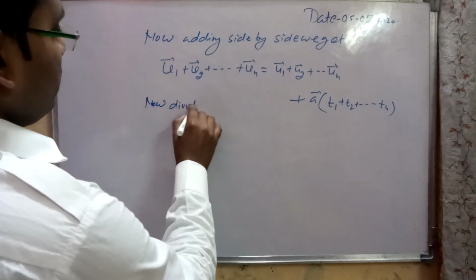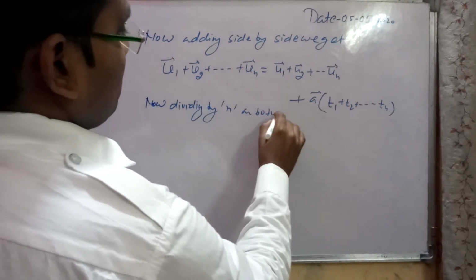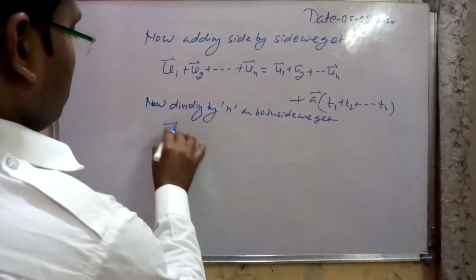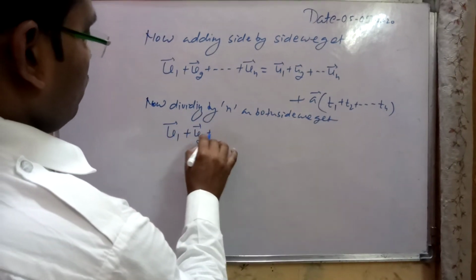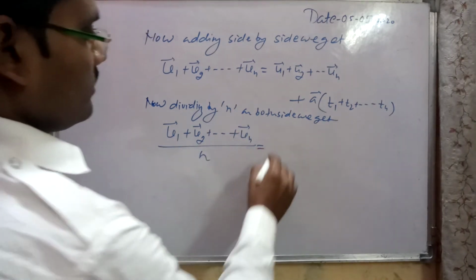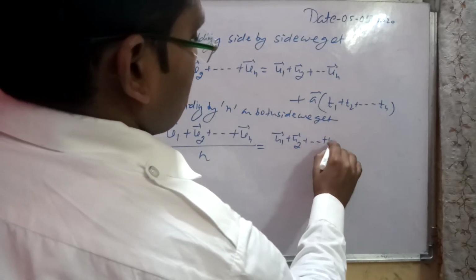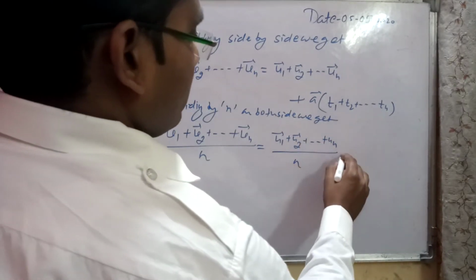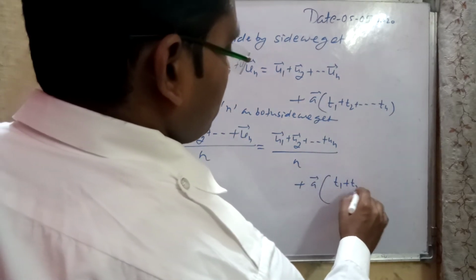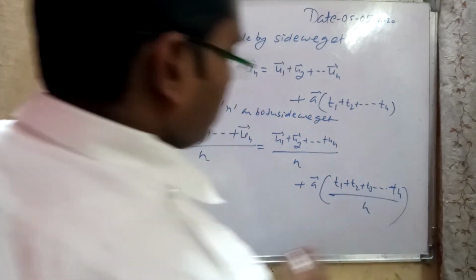Now dividing by n on both sides, we get v1 plus v2 plus vn divided by n is equal to u1 plus u2 plus un divided by n, plus a times t1 plus t2 plus t3 plus tn divided by n.